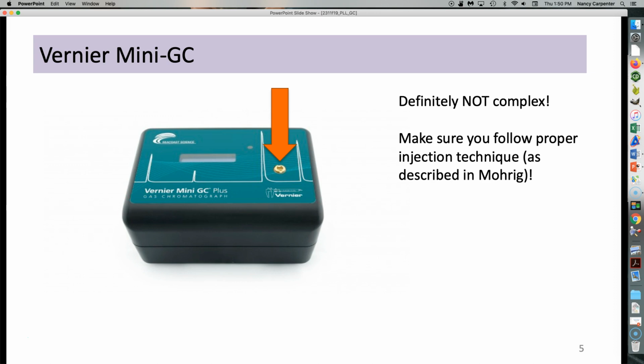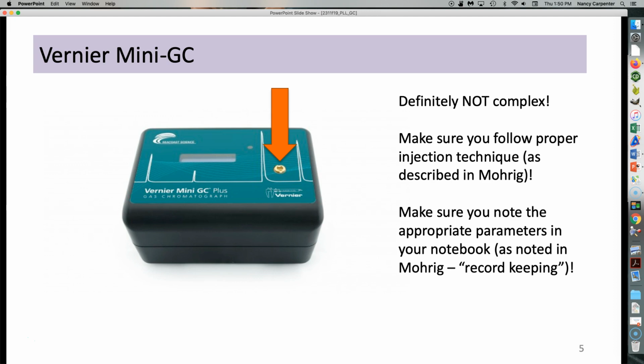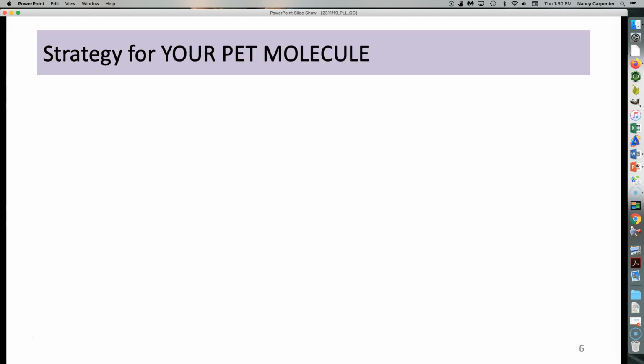The syringes are very easily damaged, so you want to be very careful with the syringes, and we'll definitely be sure to help you make your injection. You will need to note the parameters. I said there's not much you can change. There's actually nothing you can change, but you still need to know what those parameters are. So we'll let you know what the column adsorbent is, and the carrier gas is air, and basically the flow rate. Okay, so that's GC.